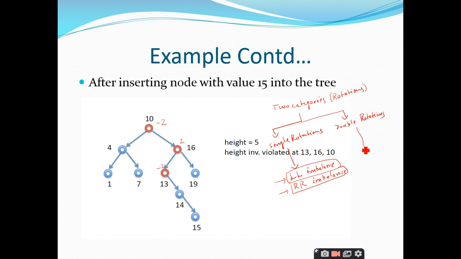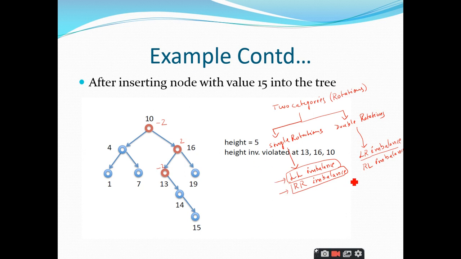And coming to the double rotations, we again have two types, that is LR imbalance and another one is RL imbalance. That's it. What do you mean by LR imbalance? Actually you should pronounce it left of right imbalance.